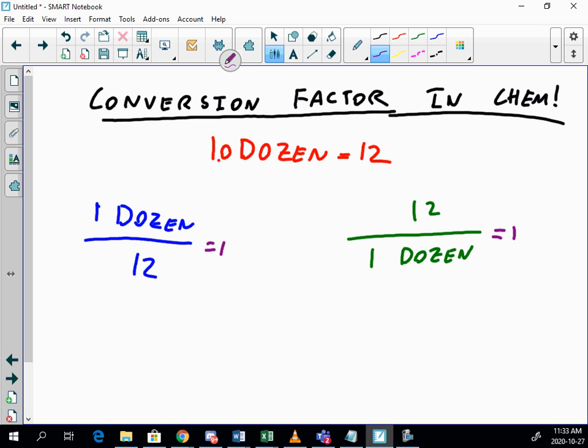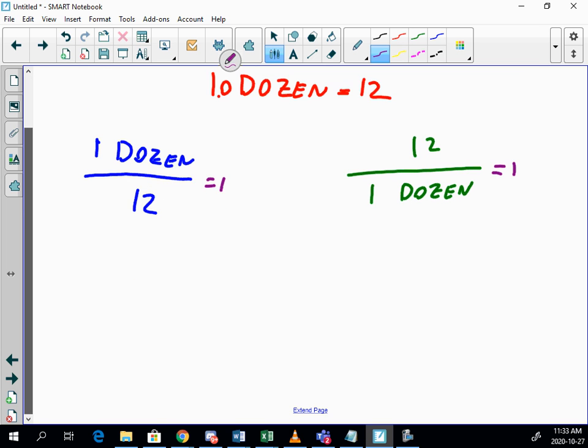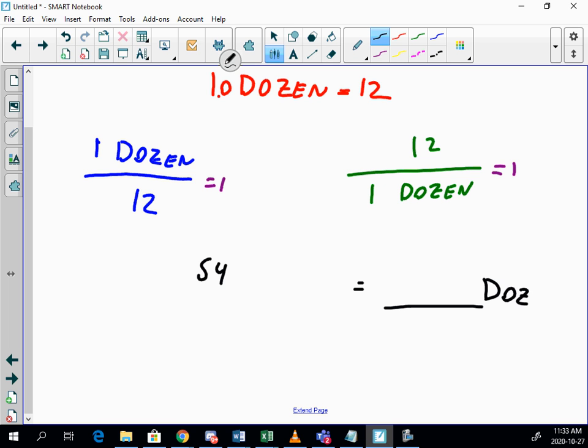So why would I use these? Well, let's say I had a situation where I had a number, like say 54, and I wanted to rewrite that number as some amount of dozens. The trick here is that I can use this first conversion factor, the blue one, to make this happen. I can multiply by 1 dozen over 12.